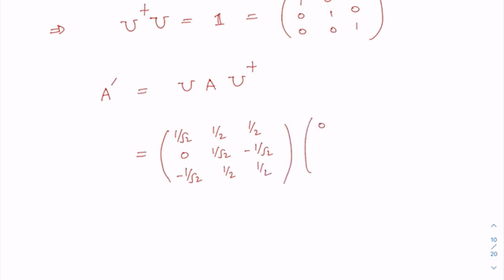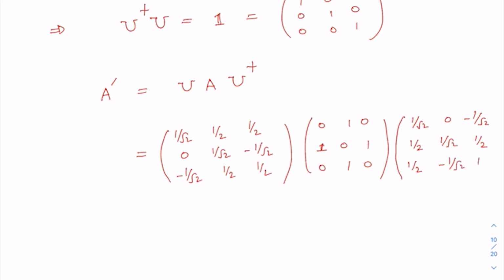And A is 0 1 0, 1 0 1, 0 1 0, and U dagger would be equal to 1 by root 2, 0, minus 1 by root 2, and you will have half, 1 by root 2, half, and you will have half, minus 1 by root 2, half.